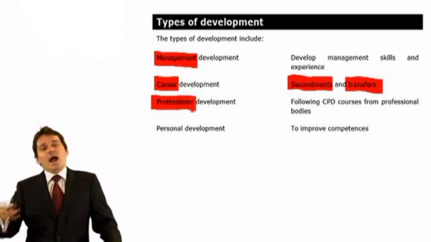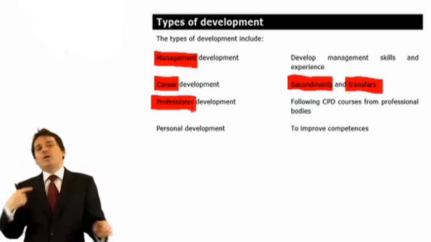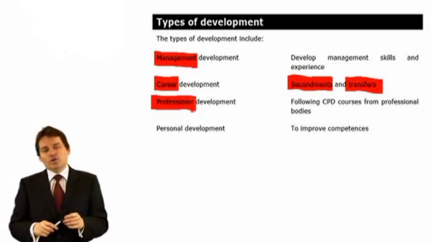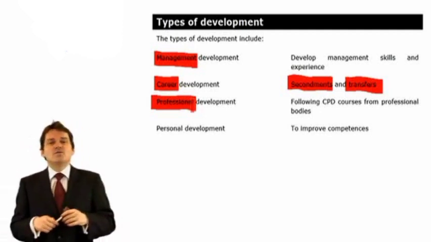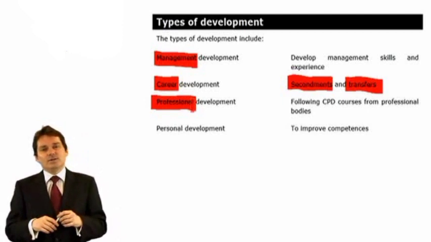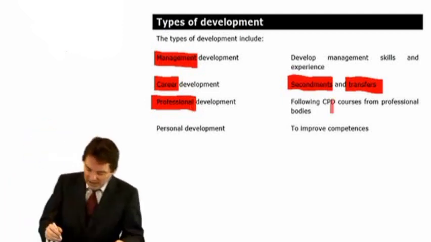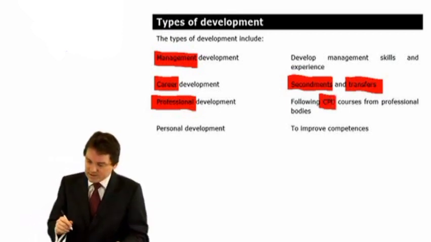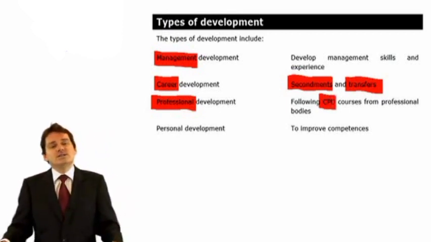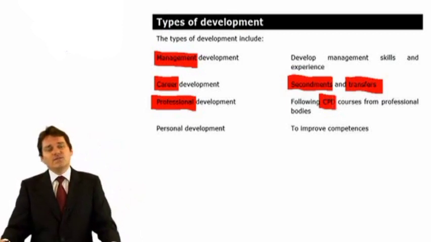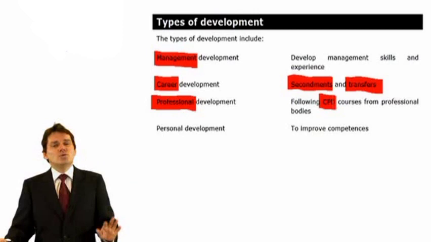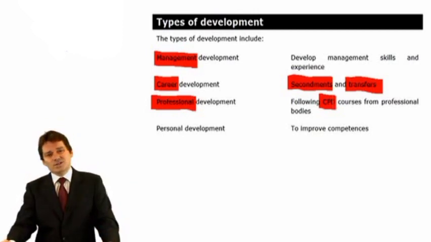And you may think that once you have qualified and once you've got your ACCA qualification, that that's the end of your development. Unfortunately, it isn't. You will have to do what is called CPD, Continuing Professional Development. The ACCA will require you to continue going on courses.